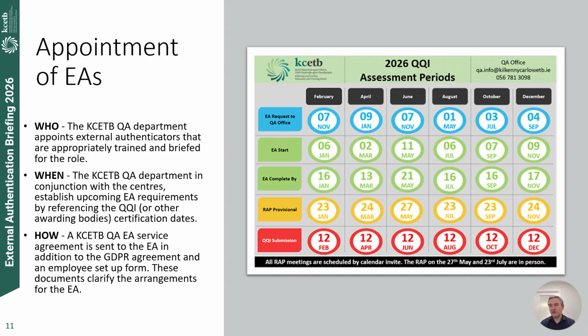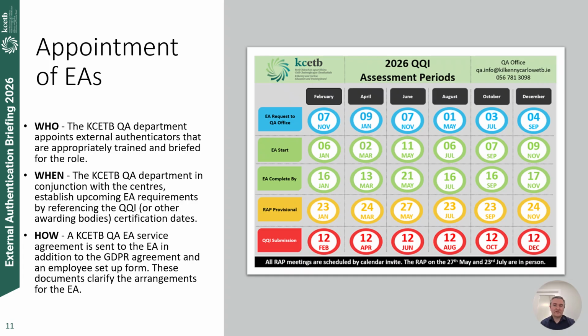And we appoint EAs from DTI Directs, a database, ensuring that the EA has subject matter expertise within the area and field of learning, and that they are able to operate within the code of practice and guidelines issued by QQI, that they're available within the time window for EA that the centre is looking for, and that they're independent of the centre and KCTB.